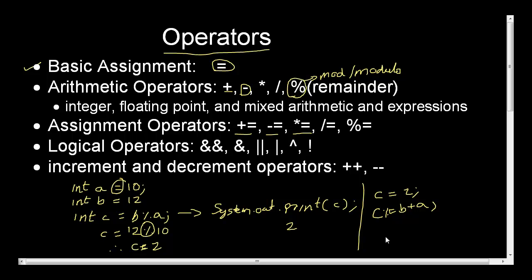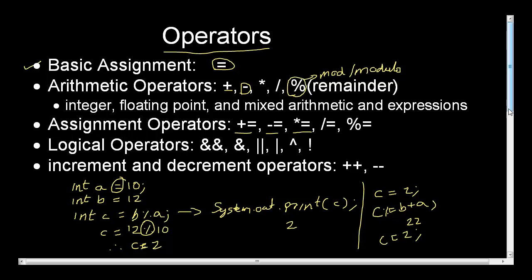So essentially what's going to happen is b plus a is going to equal 22, and we're going to do 2 mod 22, which is 2. So c is going to remain 2. And that's the result of this operation. This may not be very clear right now, but as we go on, it should become more apparent.